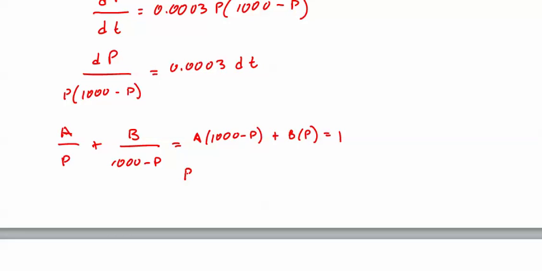If P equals 0, A equals 0.001. If P equals 1,000, B equals 0.001. Cool. No, that's wrong. No, that's right.